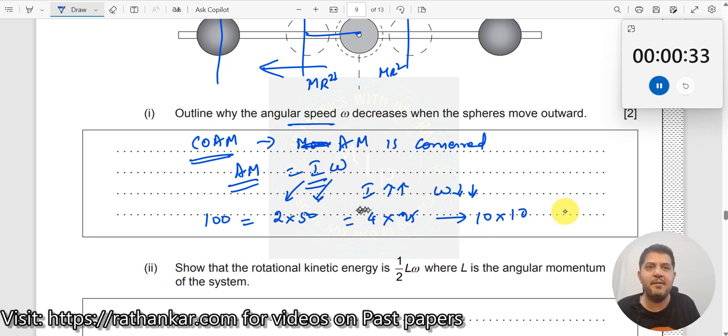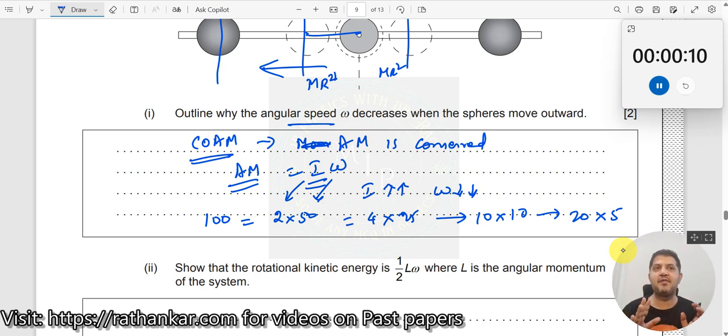Again I is increased, omega has decreased. 50 to 25, 25 to 10. Still, you can also write it as 20 multiplied by 5, which means I has become 20, omega has become 5, such that the product will always be a constant. So that's the reason why the angular velocity decreases when there is a distribution of the mass.